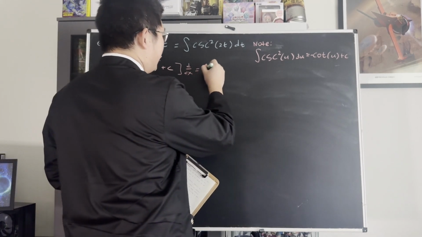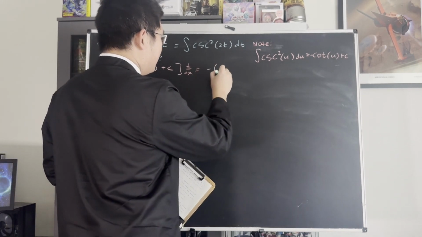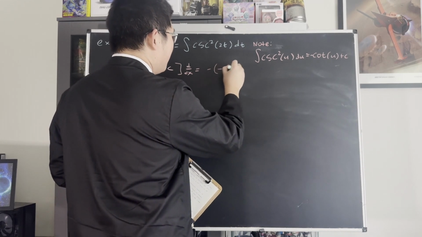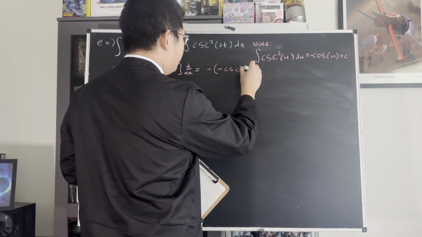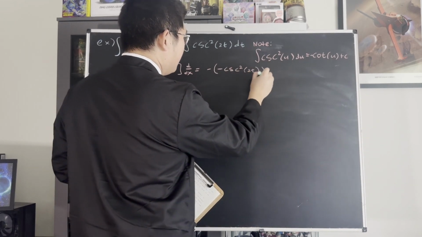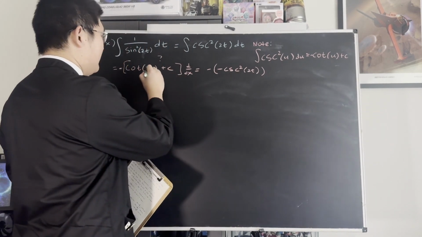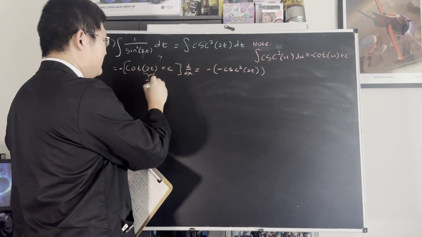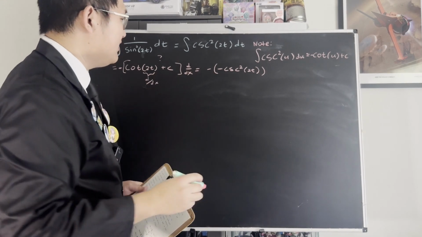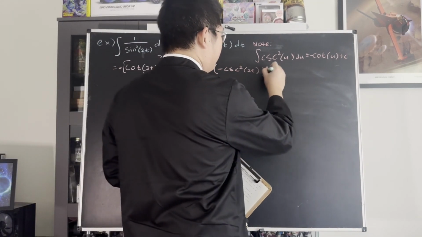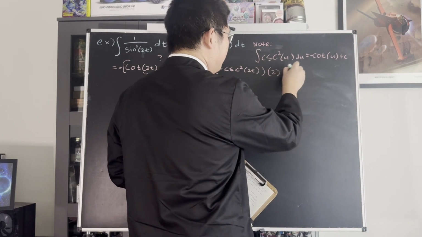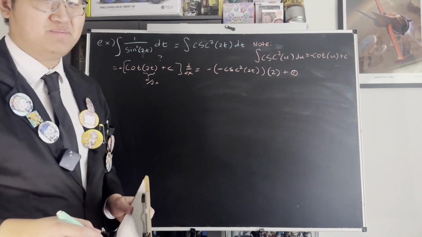With the negative on the outside, that derivative will go to negative cosecant squared of 2t. Okay. Now, we have the chain rule coming up. So we need to take the derivative of 2t inside of the function, down to the next level. That's going to be multiplied by a positive 2 and then plus 0 for the constant.